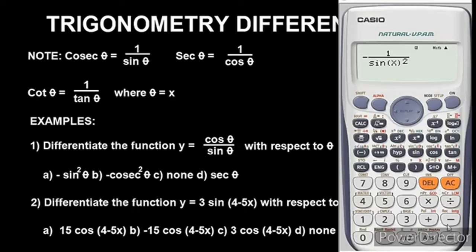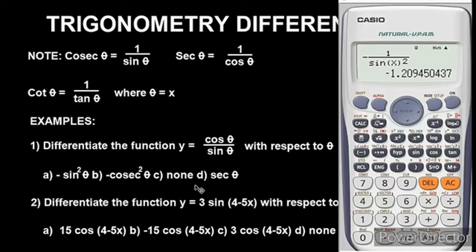So we press report to, we have minus 1.209. So this is what we got when we differentiated. So option B is the answer to this question. So it's as simple as that.